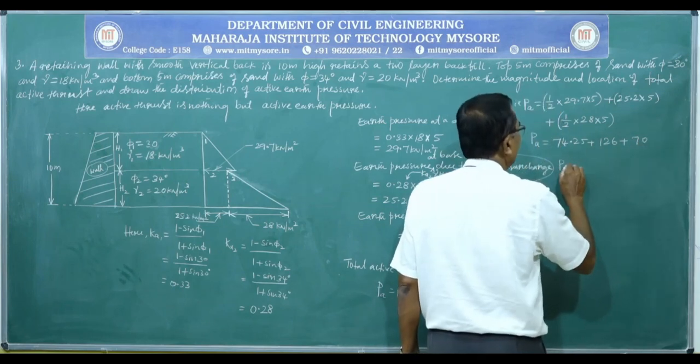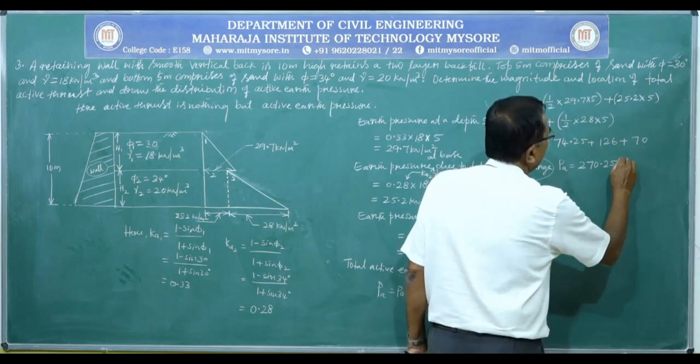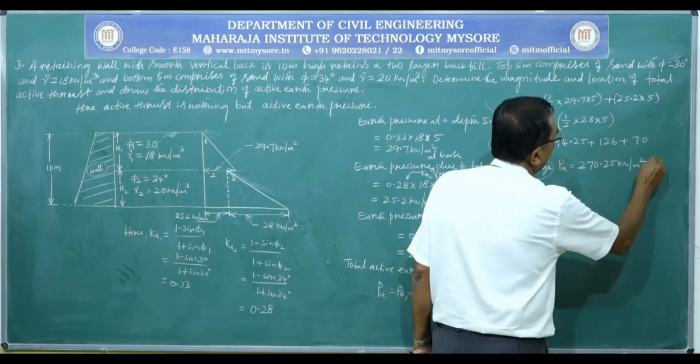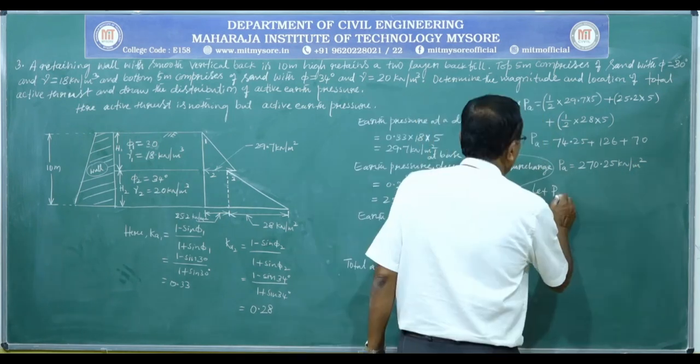Therefore, Pa is equal to 270.25 kilonewton per meter.